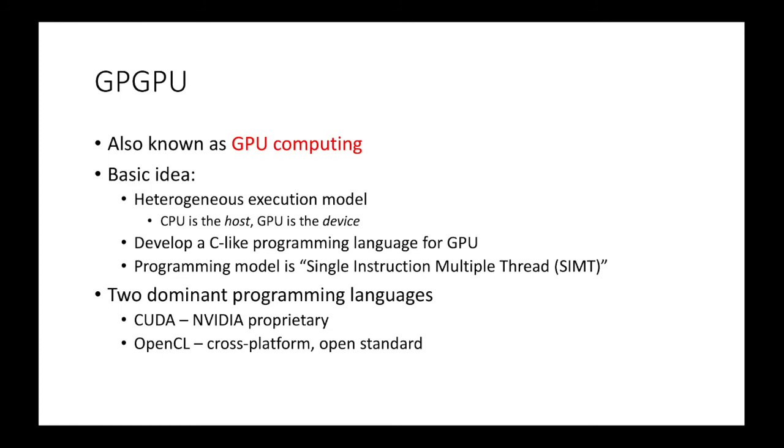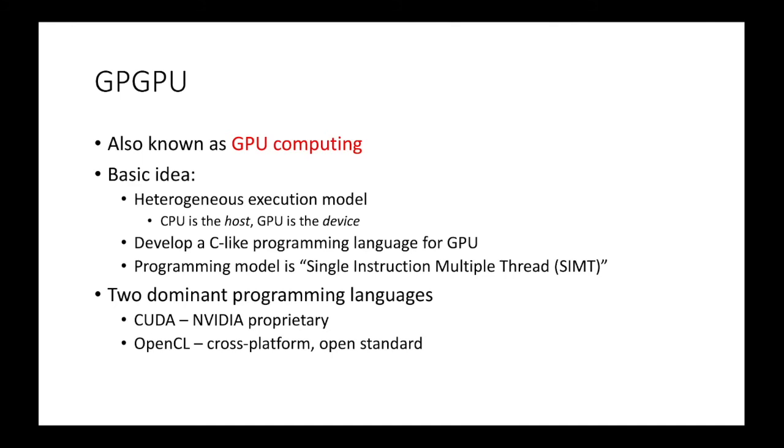The basic idea is a heterogeneous execution model. The CPU is a host and the GPU is a device, and we run different things on the CPU and GPU at the same time. The compute intensive and data intensive parts of applications are offloaded to the GPU and accelerated there.